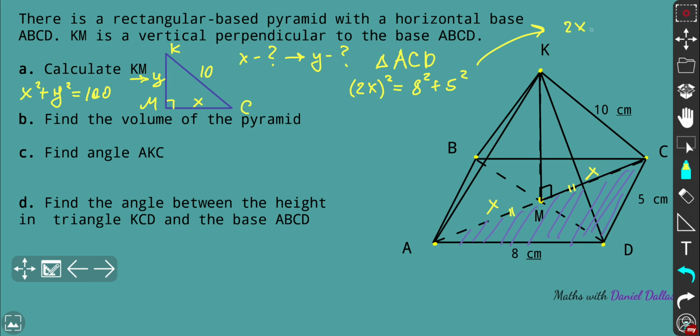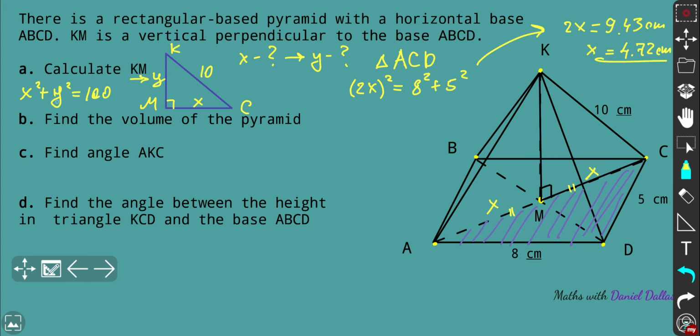First of all, 2X is the square root of, I'm pretty sure we won't have a whole number for that, 64 plus 25. I got 9.43 centimeters, and now we can find the value of X by dividing everything by 2. So 4.72 centimeters is what we've got for X.